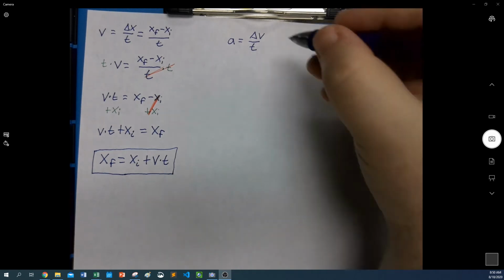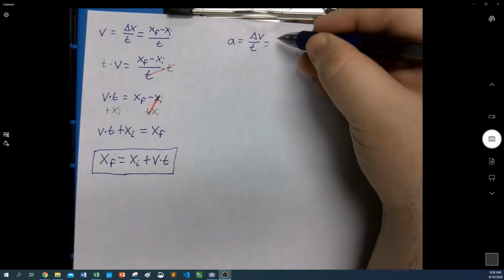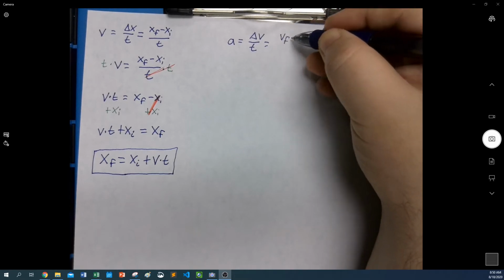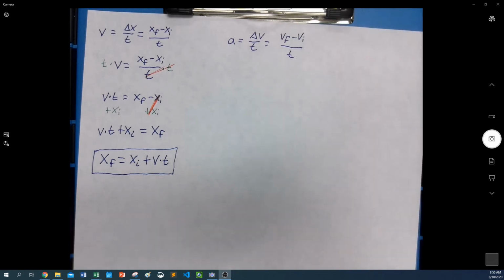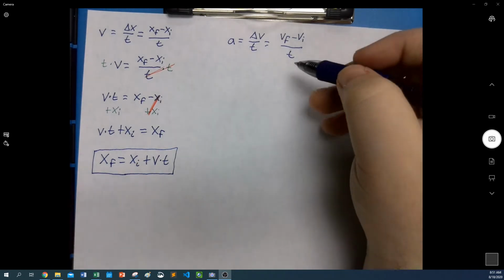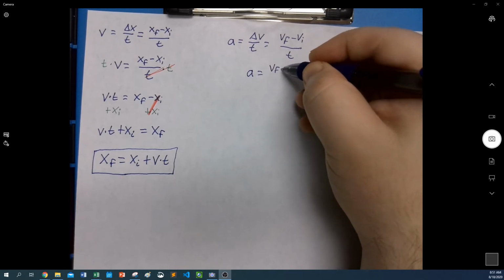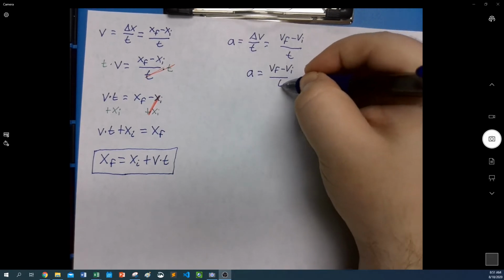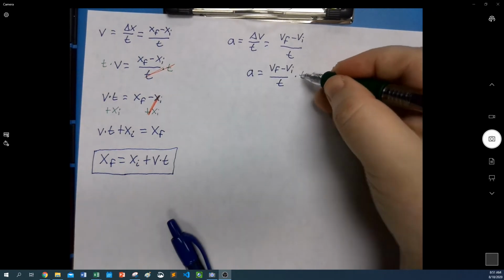Let's do the same thing over here. So a is equal to vf minus vi divided by t. Multiply both sides by t.